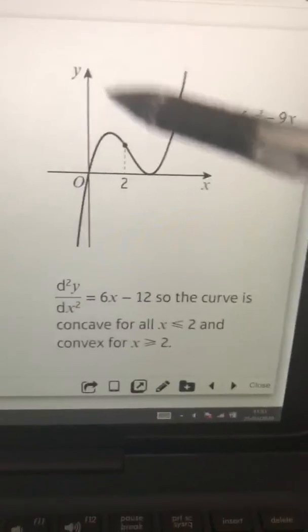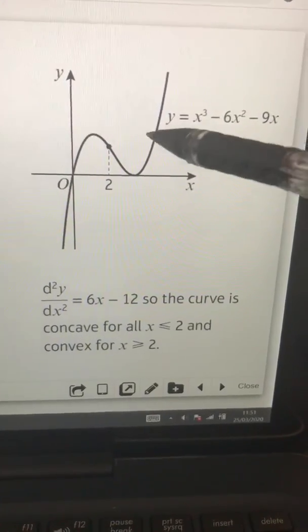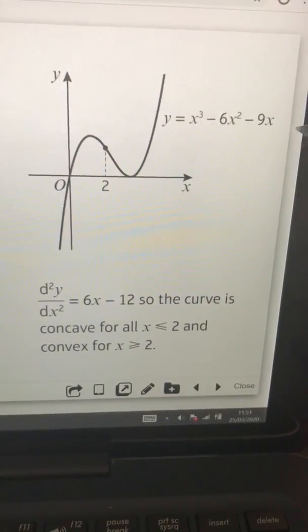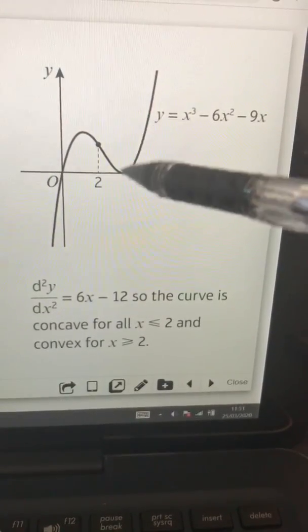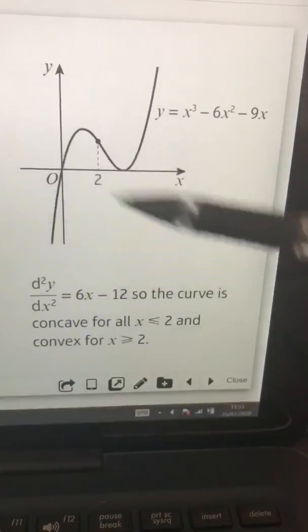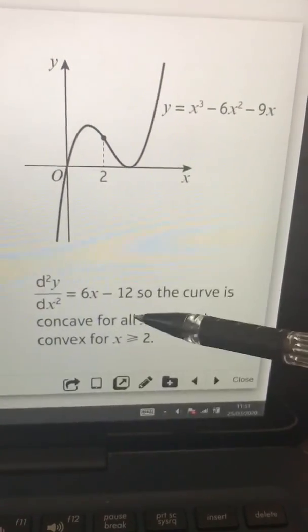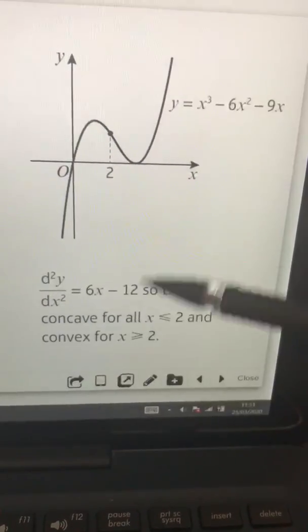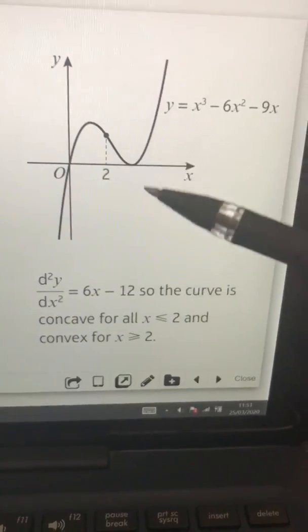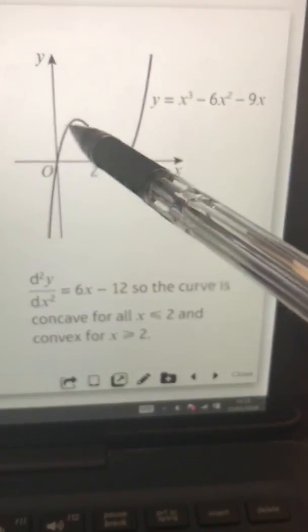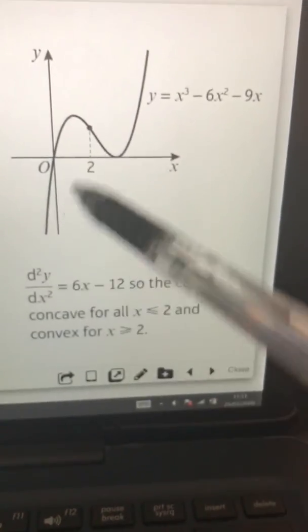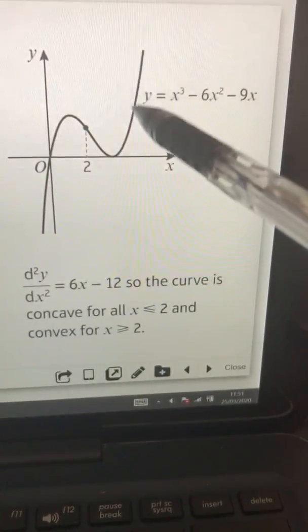But if we look at this graph, which is actually a cubic graph, and we know a cubic graph sometimes does have a minimum and a maximum point. But when we talk about concave and convex, what we need to look at is the range of values for which we get a concave, this part here, and convex.